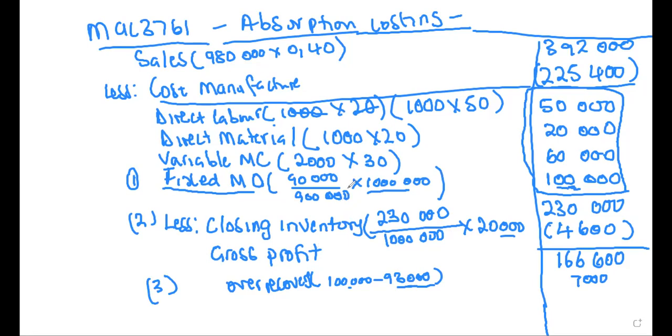Know how to absorb fixed manufacturing overheads, know how to evaluate closing inventory, know how to treat over and under recovery. If you are done with those, in absorption costing there's nothing else. It is a matter of looking at who is direct labor, who is direct material, who is variable manufacturing cost in the scenario.